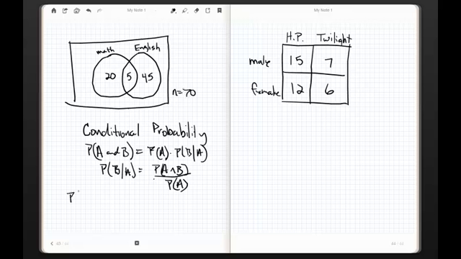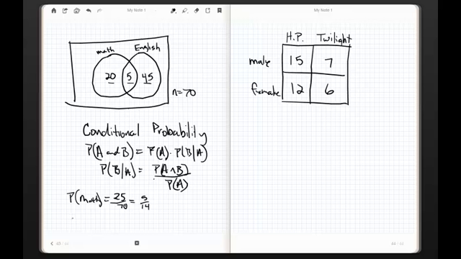So if I'm looking for the overall probability of a math student, I'm simply looking at the number of math students, which appears to be 20 plus 5, because this 5 represents the students that are taking both math and English. These are the students that are taking math exclusively, and these are the students that are taking English exclusively. So the probability of math, in this case, is the total number of students taking math divided by 70, which is 5/14.